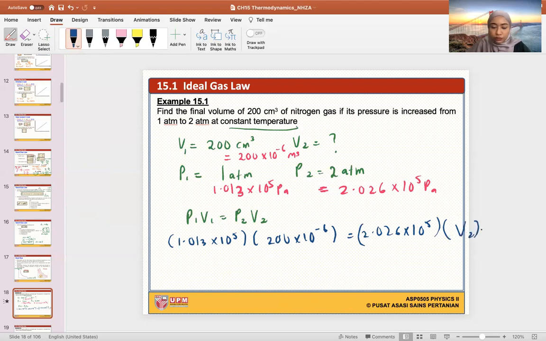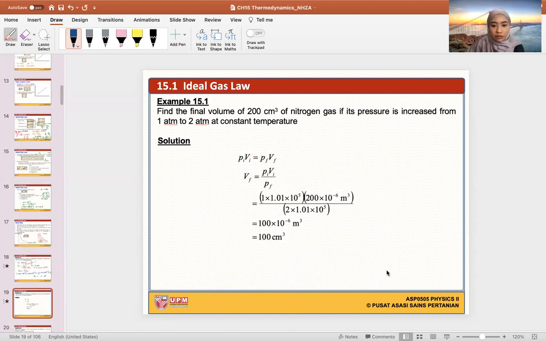Okay, so V2 should be in meter cube. So this is the question mark. I don't know, I didn't do the calculation. Who's that Pokemon? I don't know the answer. So this is the answer. So 100 centimeter cube. They converted the 100 times 10 to the minus 6 meter cube to centimeter cube. That is also fine. This is acceptable. Okay. Both work.